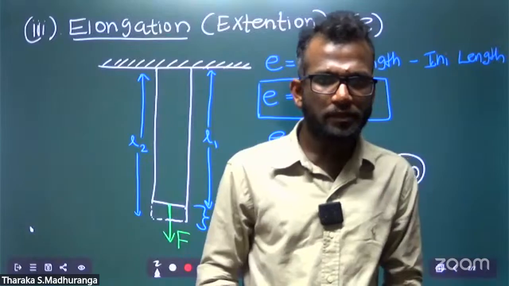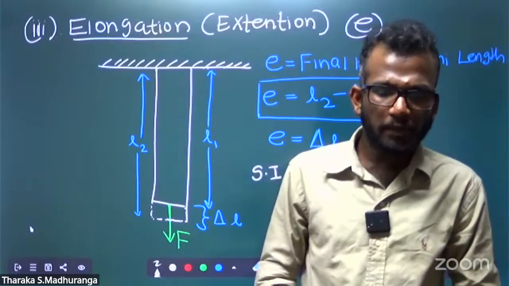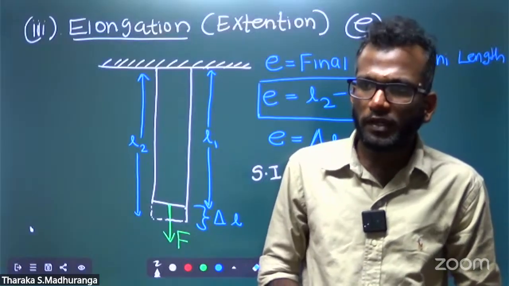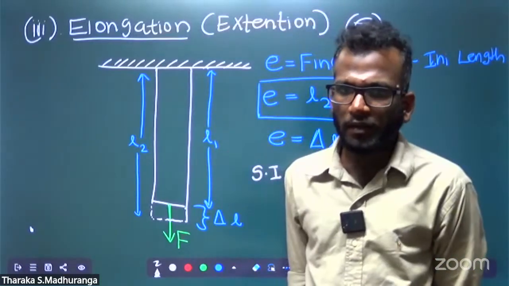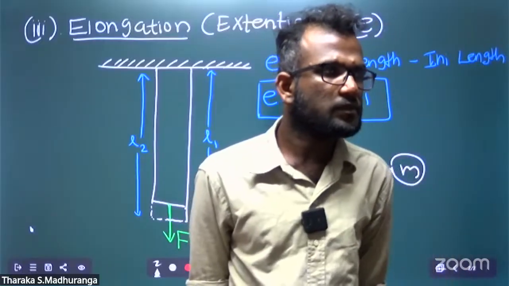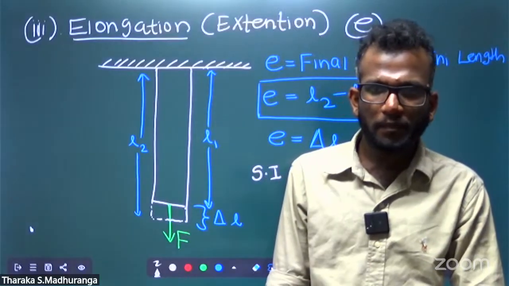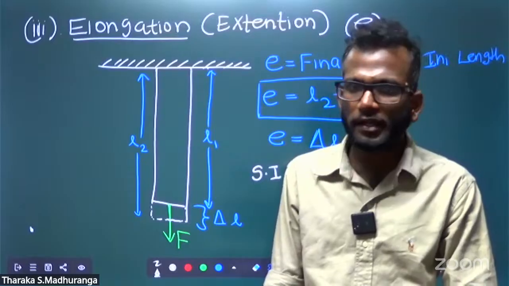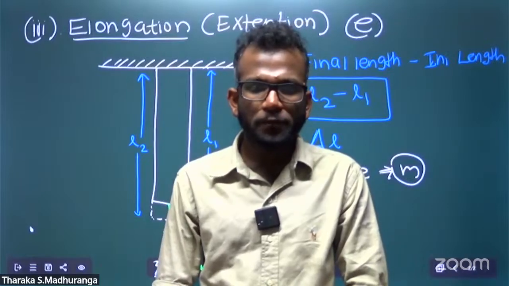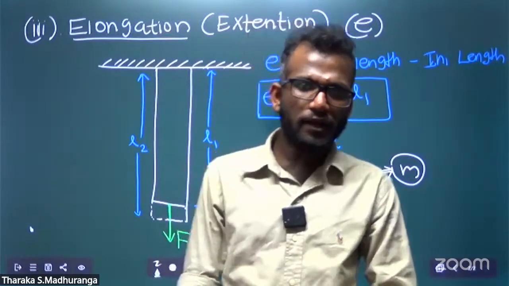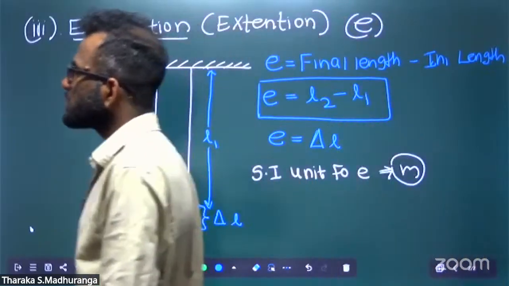Next point: the elongation can be found by the difference between the final length of the object and the initial length of the object.